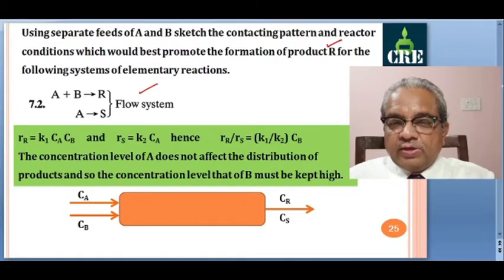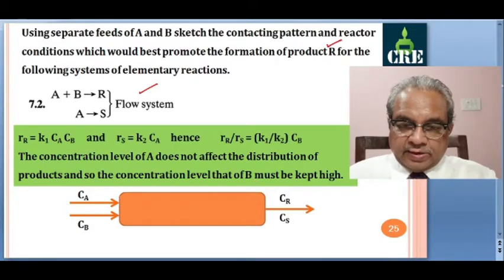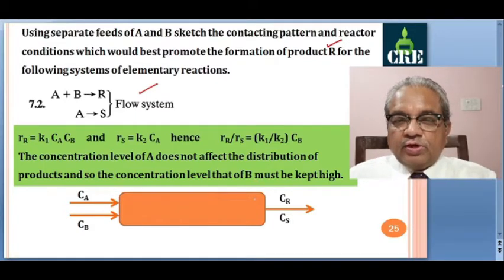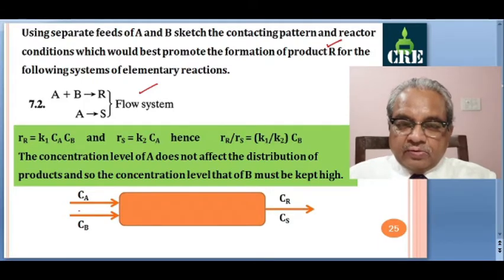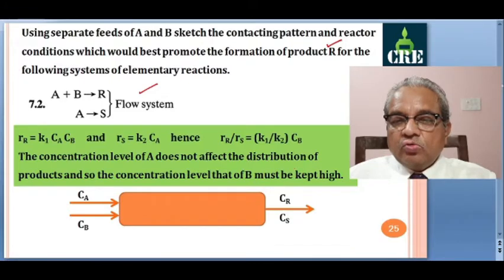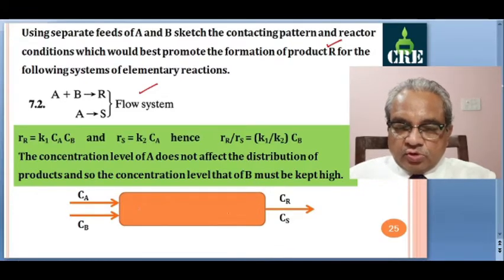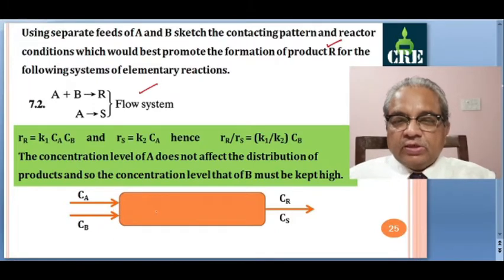It should not drop immediately, as happens in a mixed flow reactor. So progressively it will drop as the reaction takes place. It's not that you will be able to maintain high concentration throughout the reactor. It is going to drop, but again fresh reactant is coming. So we will prefer this.